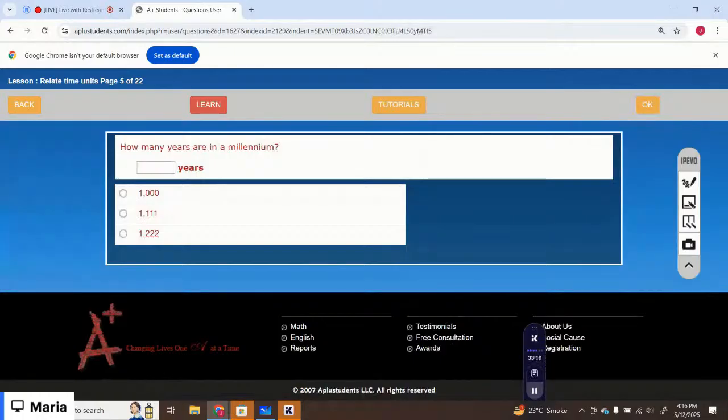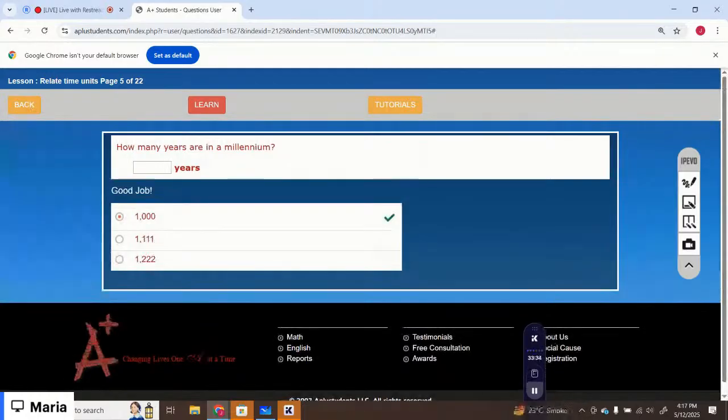How many years in a millennium? In a millennium, there are 1,000 years. Option B is the correct option for that.